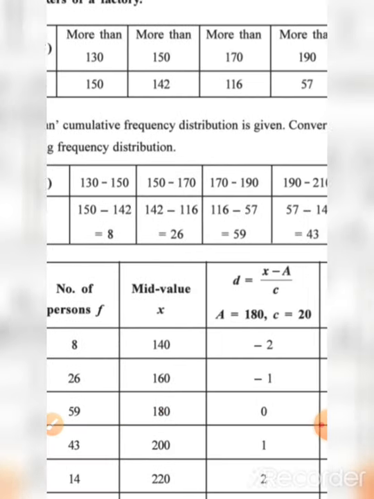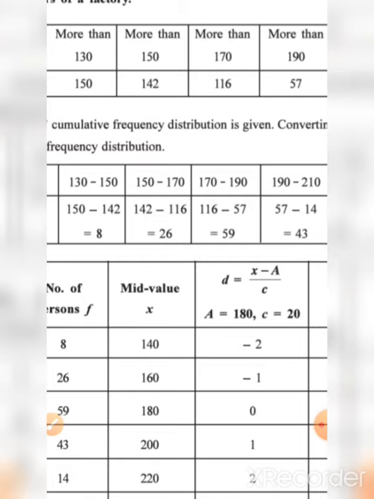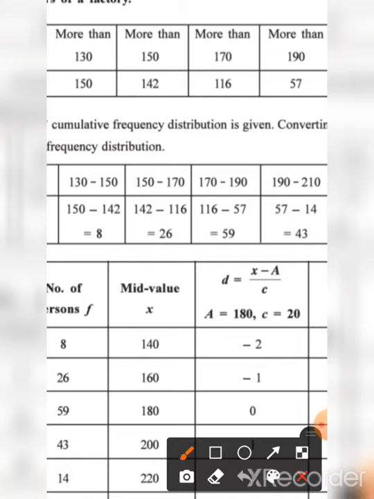Now how are we going to find the frequency for the same? The frequency is 150 minus 142, which gives 8. Then 142 minus 116 gives 26. Then 116 minus 57 gives 59.